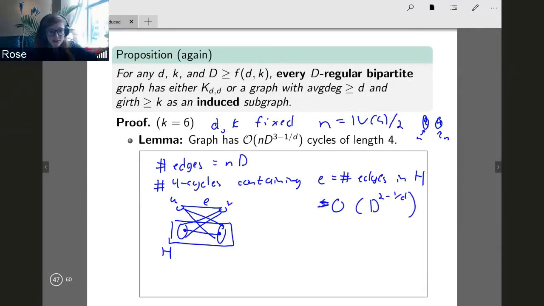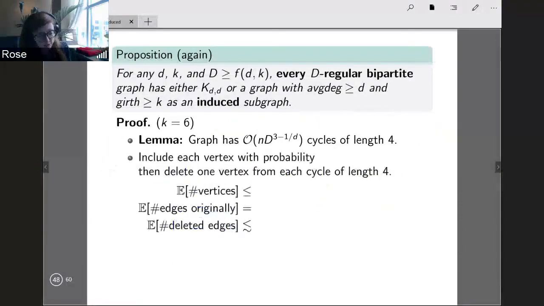As in, either we win and find our complete bipartite graph K_{d,d}, or we have this. I should have said that this lemma assumes we have no K_{d,d}.